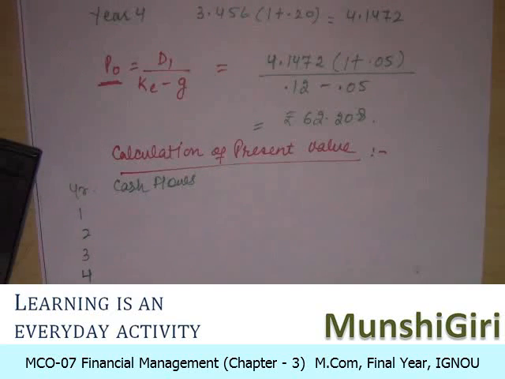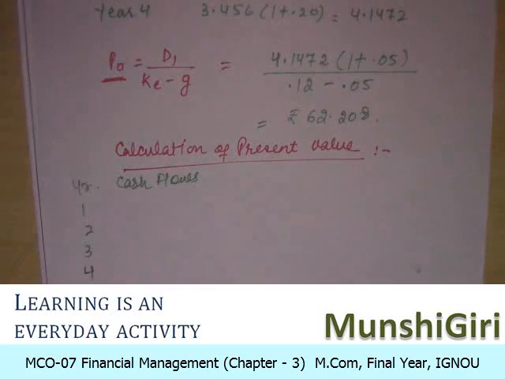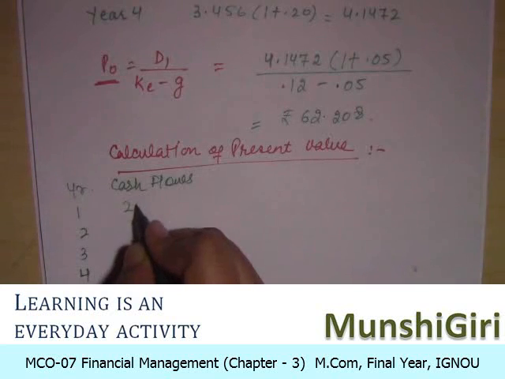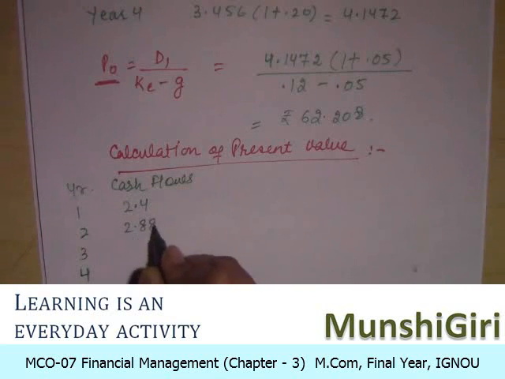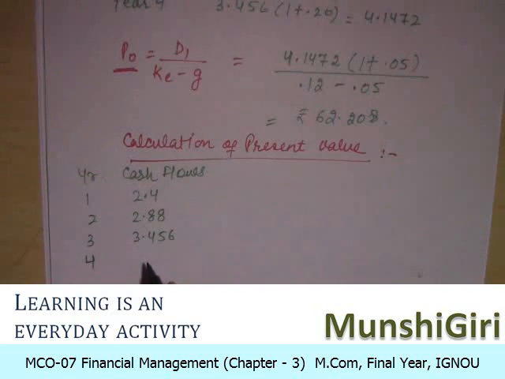In year 1, it will receive a dividend of 2.4, year 2 2.88, year 3 3.456, and year 4 4.1472. This is the dividend it will receive.